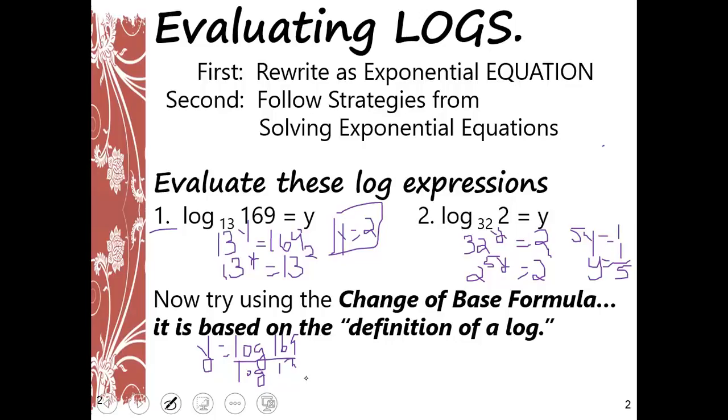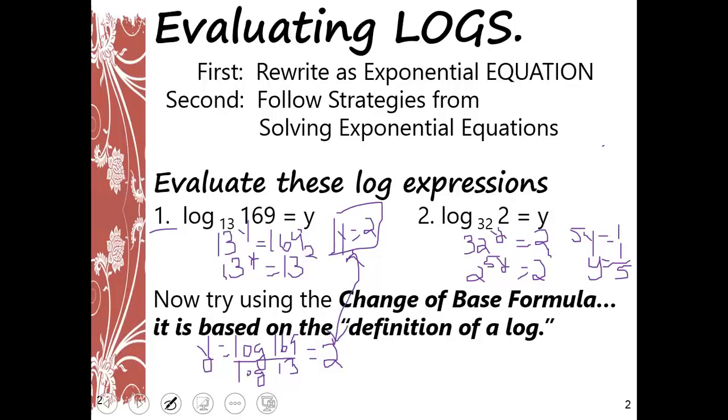So that base becomes the lower number. When you plug that into your calculator, remember this is log divided by log. It's not like log of 169 divided by 13. You have to be careful of that. You should get 2, and these two things match.